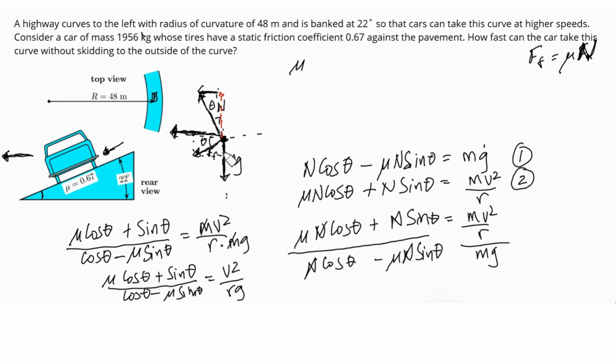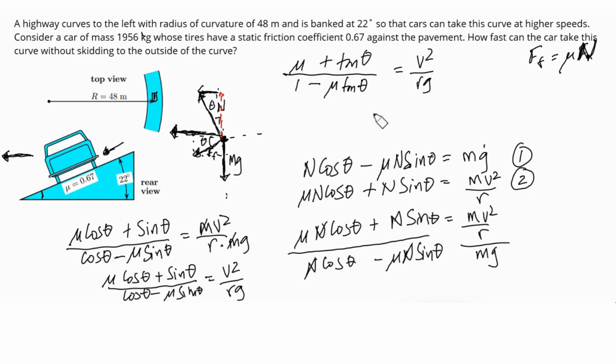If I do that, this gives me mu plus tangent theta, because cosine theta over cosine theta gives me a 1, which is just the mu, plus sine theta over cosine theta gives me tangent theta, all divided by 1 minus mu tangent theta, and that is equal to v squared over rg.